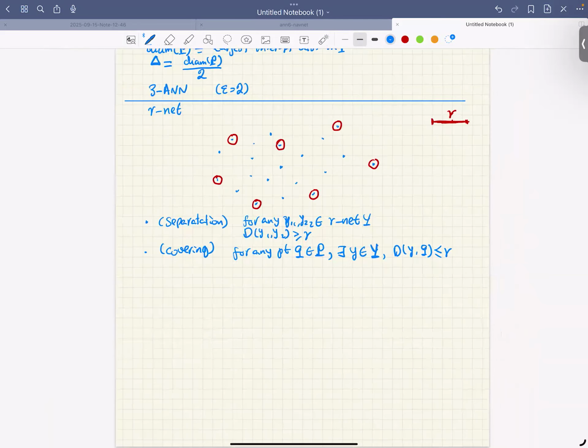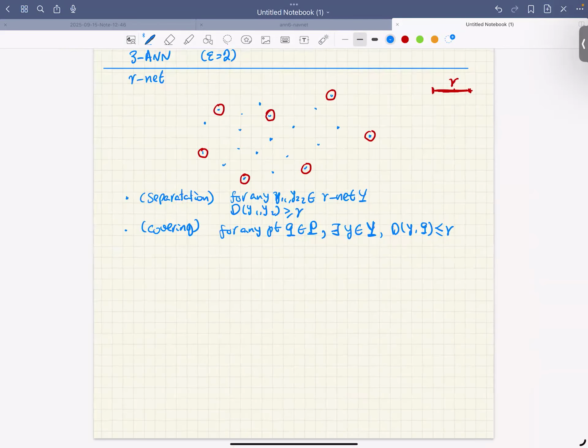Good, very nice. Now we are ready to define the data structure. The data structure is very simple.